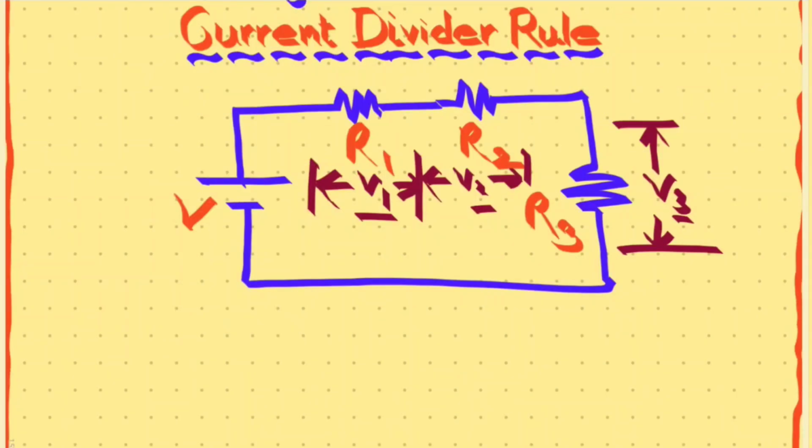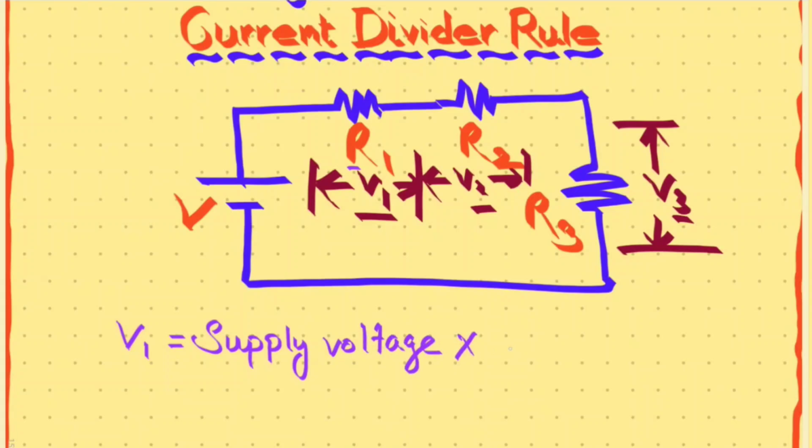If we want to write the formula, to calculate the voltage across resistance R1, we can write V1 is equal to the supply voltage V into the resistance R1 by the total resistance.